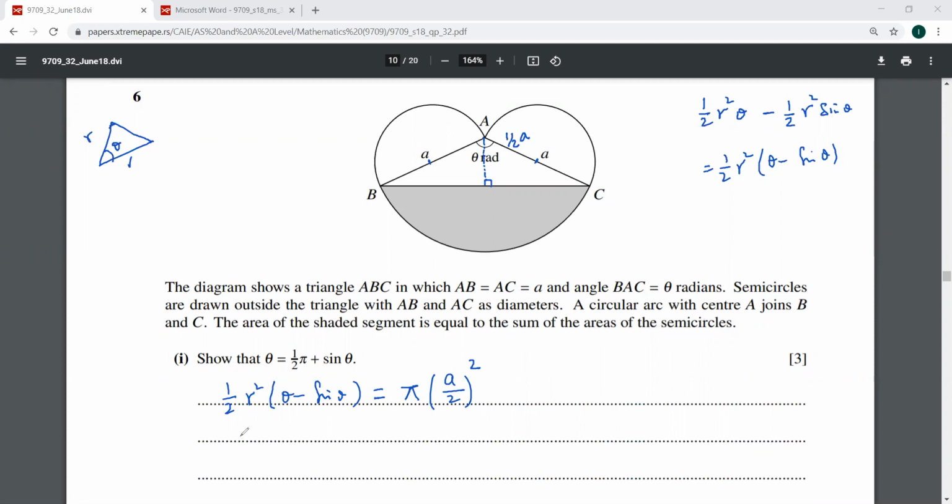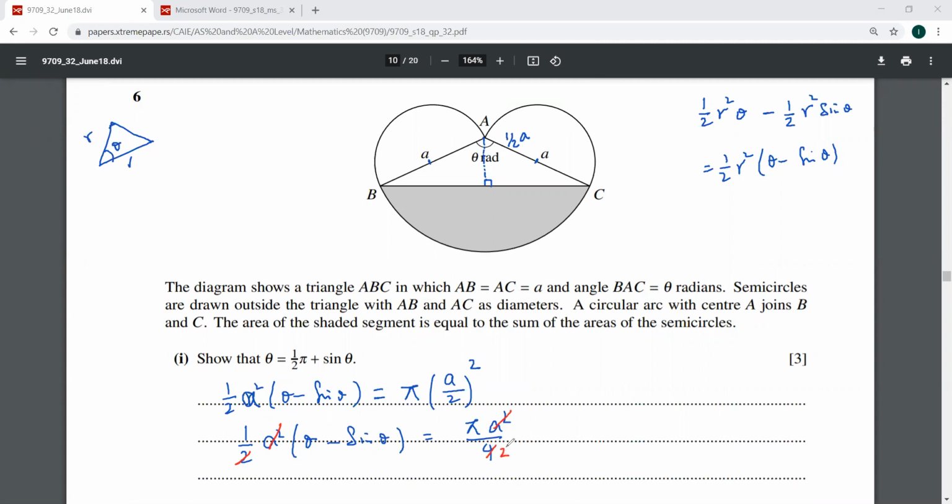Oh, I'm using r here. So this is basically a. Let me change this with a over here, half a square. So we have half a square into theta minus sine theta, that is pi a square by 4. Let me cancel the a square with the a square, 2 with the 4 here.